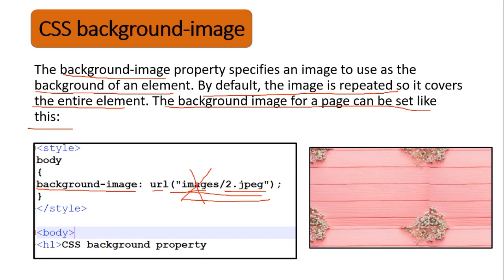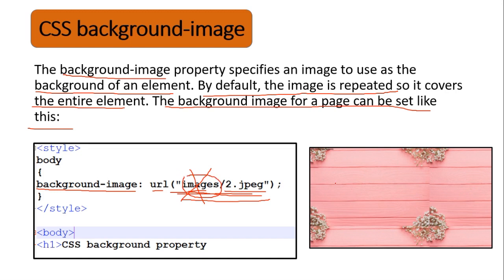We have to give the full file path, pointing to the exact location of the file we want to use. Since my CSS file or HTML file and the image are in different folders, I have given the folder name where my image is. This is the output, how it will look inside your browser.